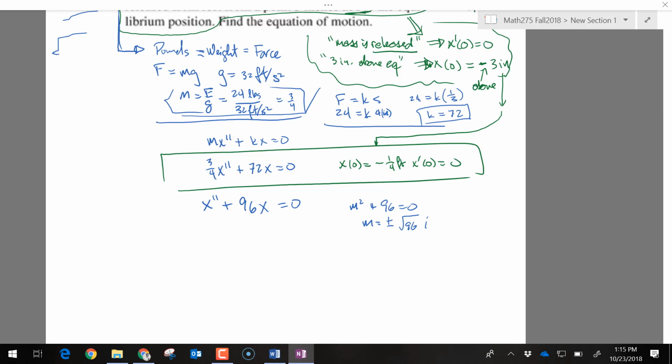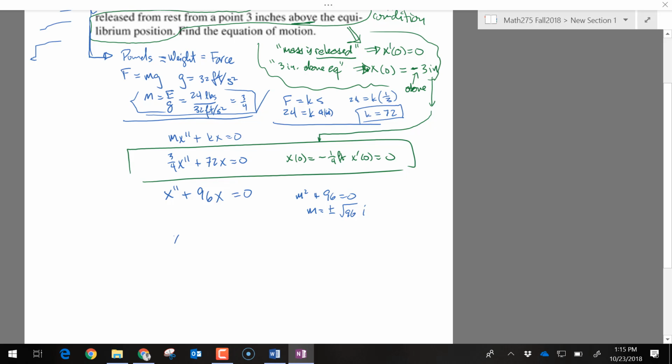So anyways, your solution here is going to be x1 equal to cosine of the square root of 96, and I guess we have to use t.